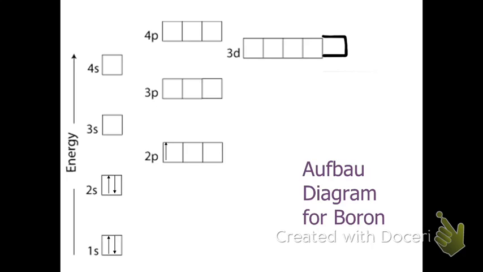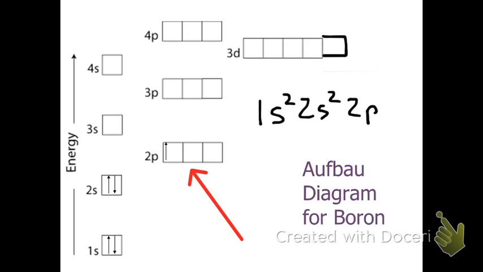Now as we move on, our next element is boron, and now we have to go up to the p orbitals, and we will fill in the first electron in this p orbital. And again, the electron configuration for boron is 1s2, 2s2, 2p1. Okay? Notice that 2, 2, and 1 add up to 5 electrons, which is how many electrons boron has.